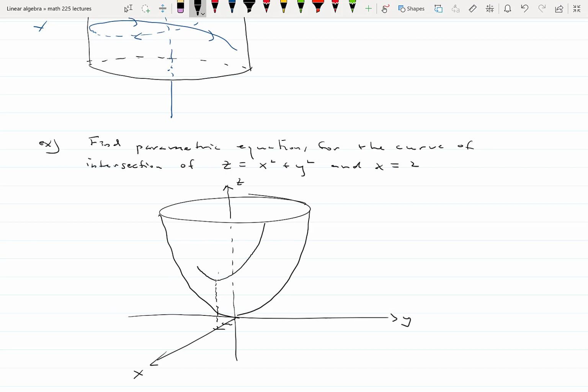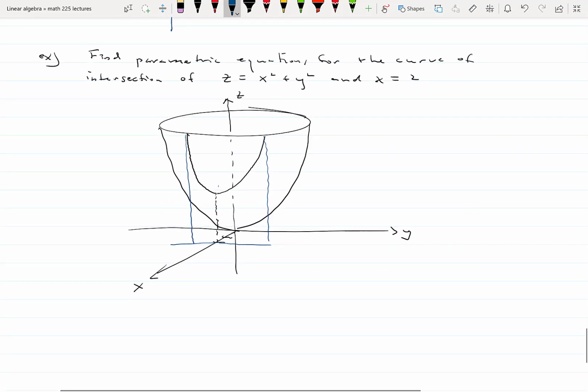Here it is. This is the curve of intersection of the plane x equals 2. Here's part of the plane, x equals 2. My drawing didn't turn out real nice, but they rarely do. So the curve of intersection of a vertical plane and a paraboloid should be a parabola.